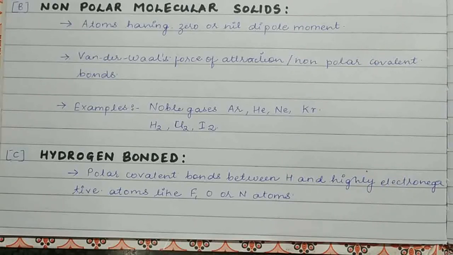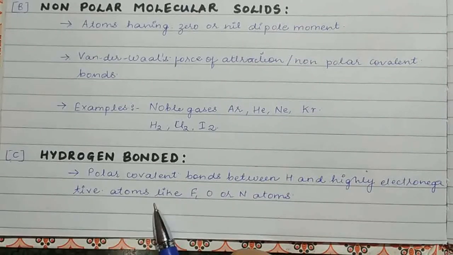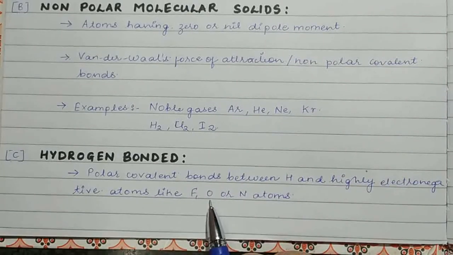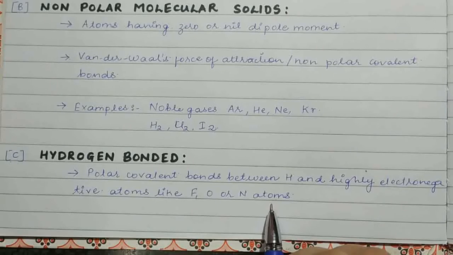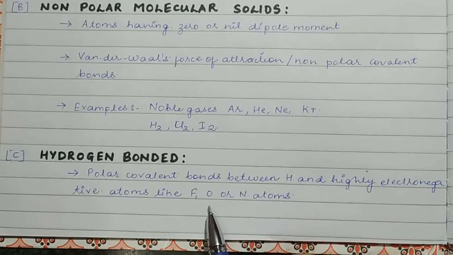Which are the highly electronegative atoms? Fluorine, oxygen, nitrogen. So, the polar covalent bonds between hydrogen and highly electronegative atoms like fluorine, oxygen or nitrogen. These are the examples of hydrogen bonded.